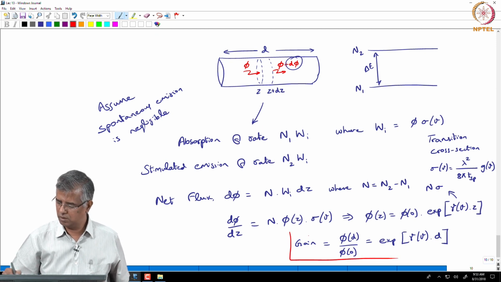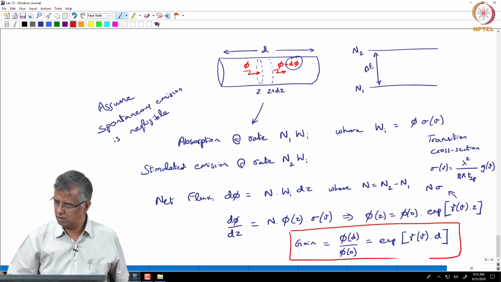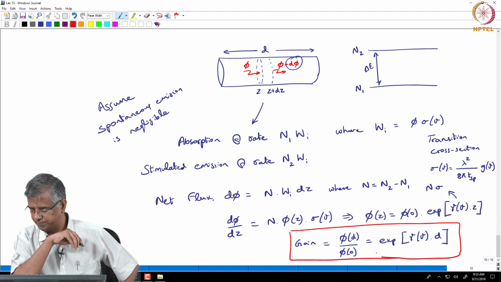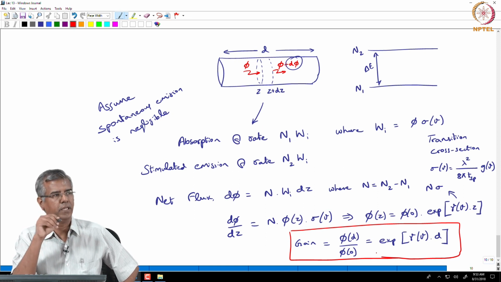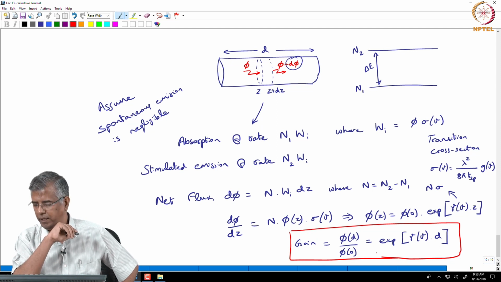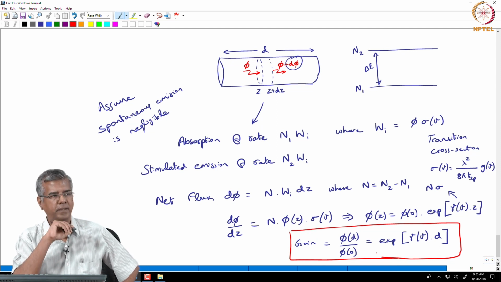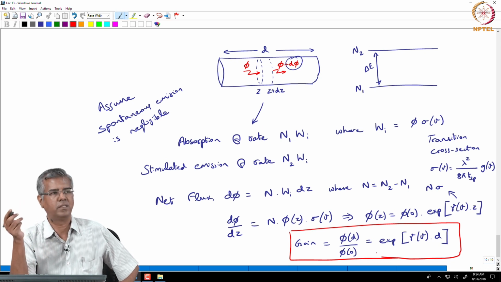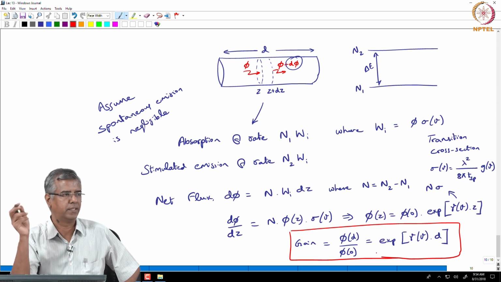So, that is the gain that we get from that medium. Gamma of nu corresponds to the inversion, right, multiplied by the transition cross section. The transition cross section is given for a given system, you are not going to be able to change that, okay.